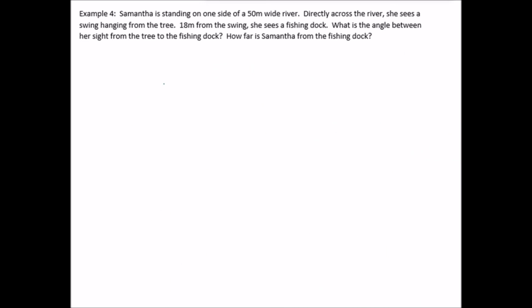Okay, example 4. Samantha is standing on one side of a 50-meter wide river. I'm going to draw the river the way we actually saw it before in 7.1. So we know that the river is 50 meters wide. Directly across the river, she sees a swing hanging from a tree.